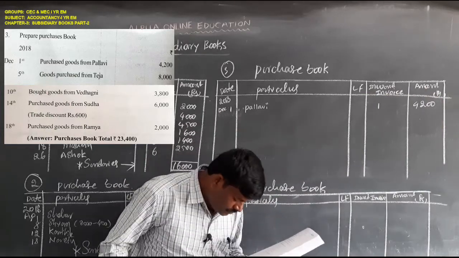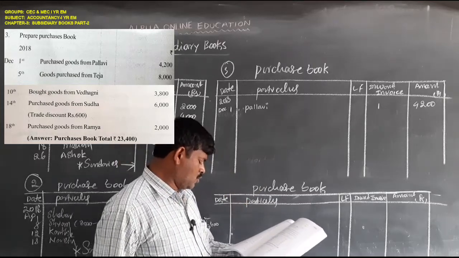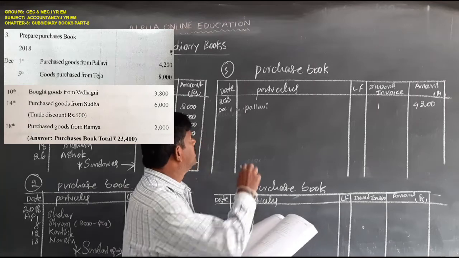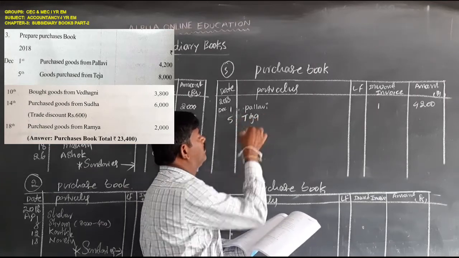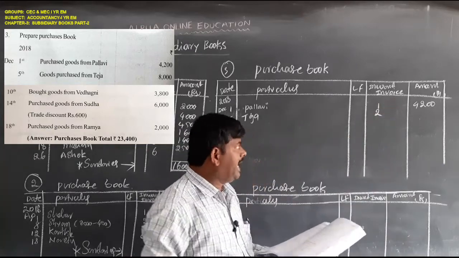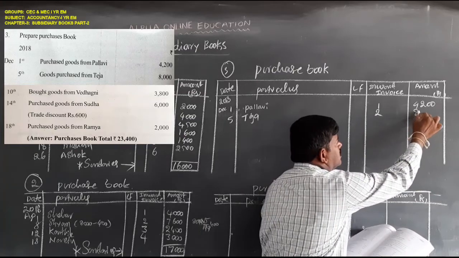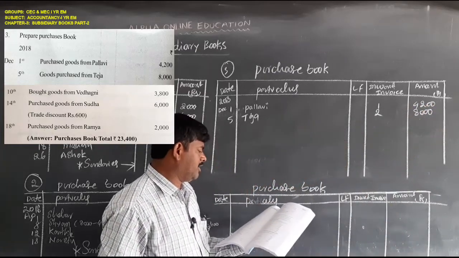Next, second one, goods purchased from Teja, date 5th, Teja, invoice number 2, amount is 8,000 rupees. It is also credit purchase, it will be taken to the account.